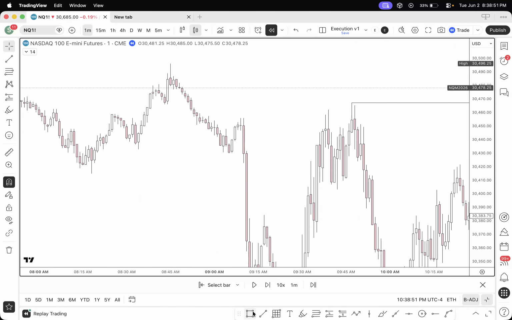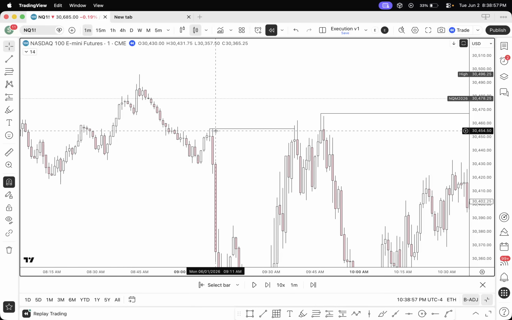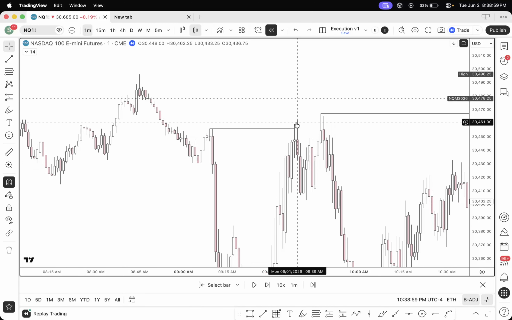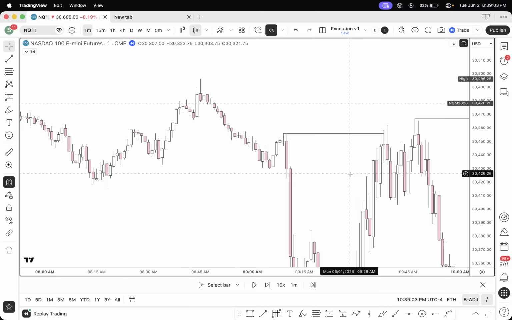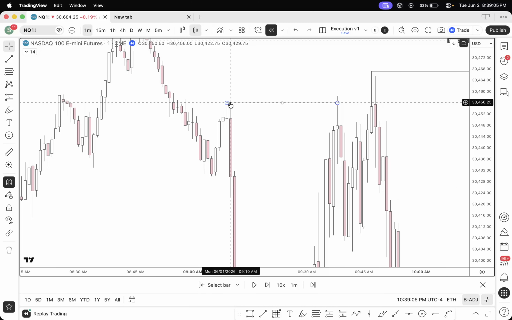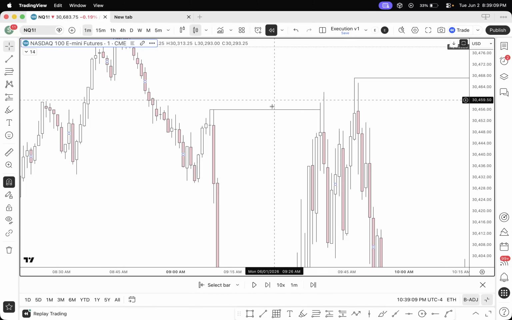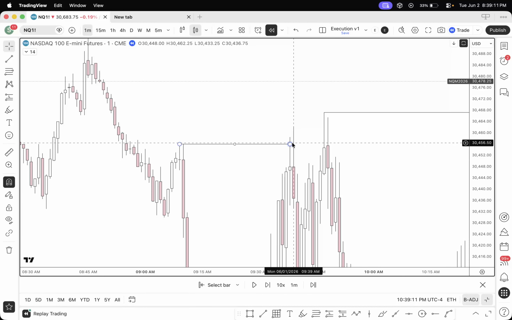Just keep doing that. For this one, you could say initially price was respecting this resistance level because we had a swing high here, still kind of in that same proximity. It doesn't have to be exactly at the line to the dot, as long as you're creating the swing high relatively in this area, right?